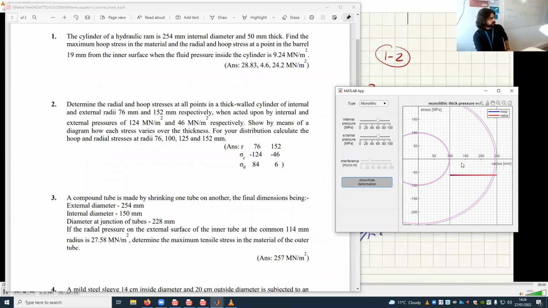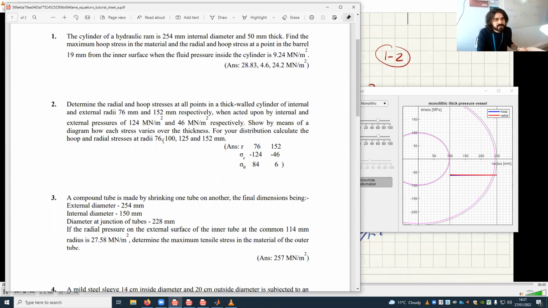Okay? So it still gets shorter. That's because, again, it's the forces that count, not the pressures. Since the pressures are the same, but the external one is distributed over a larger area, it dominates over the internal one, which is only distributed on a smaller surface area. All right.